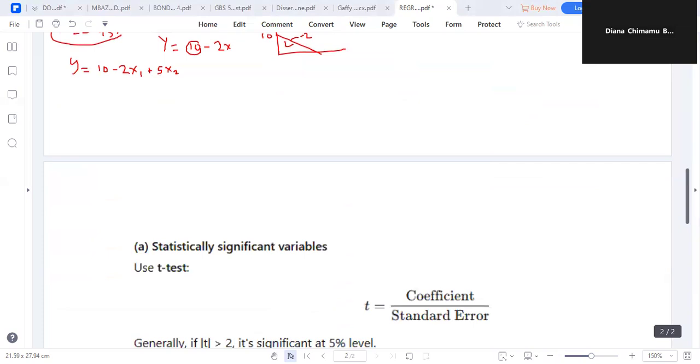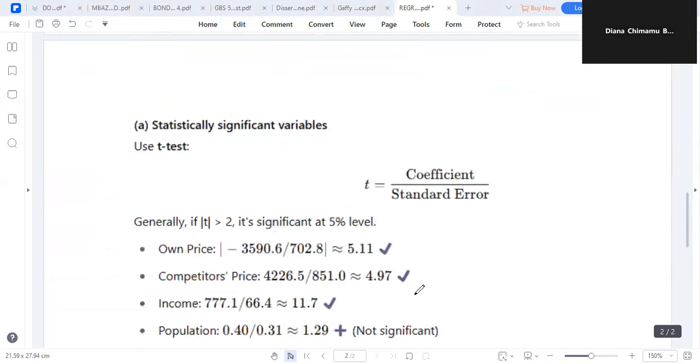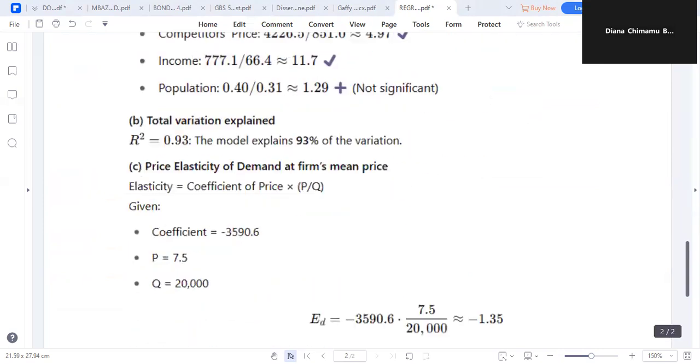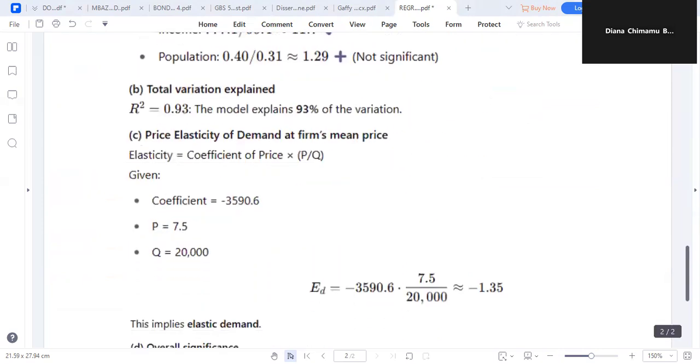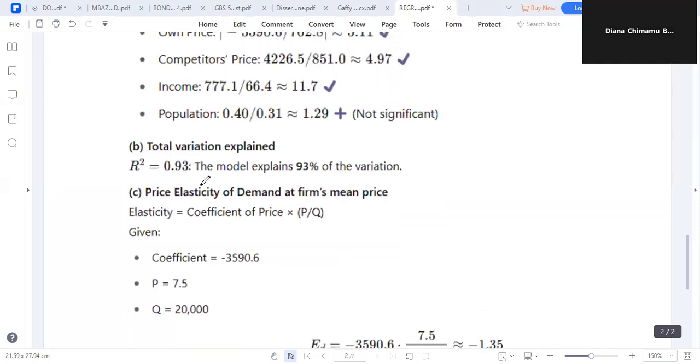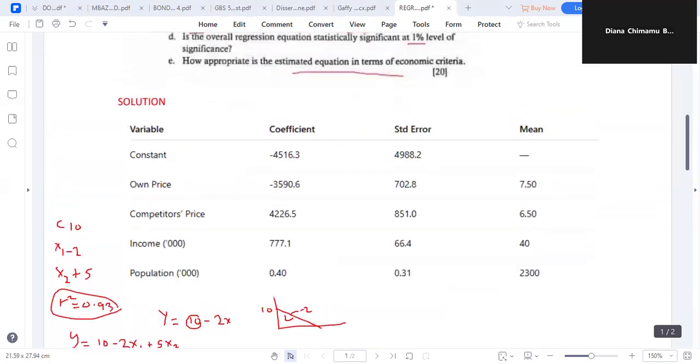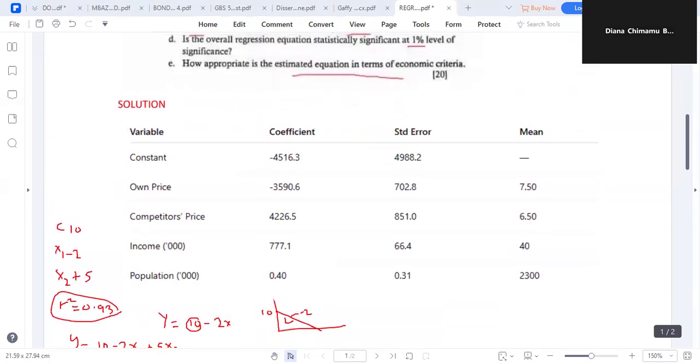We've understood the first part that we did to look at the significance of these variables. Now we want to calculate the R squared. So here our R squared is 0.93. When you go to the original table, where is 0.93 coming from?